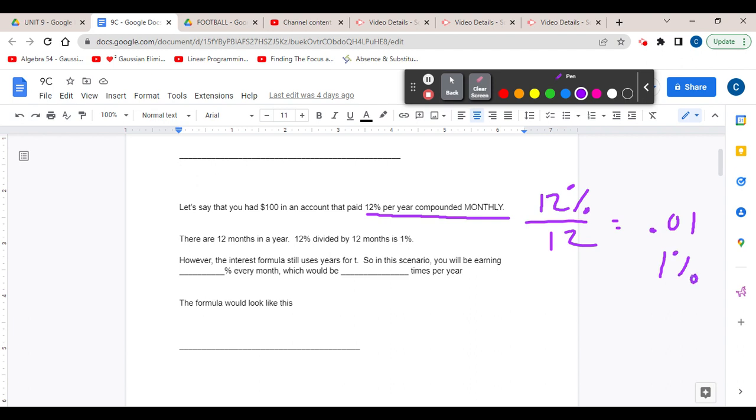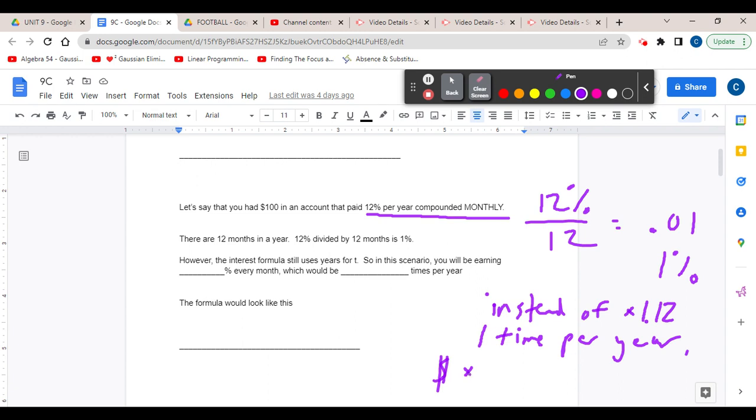So what this means is, instead of multiplying by 1.12 one time per year, here the money is going to multiply by 1.01, 12 times per year, because there's 12 months.